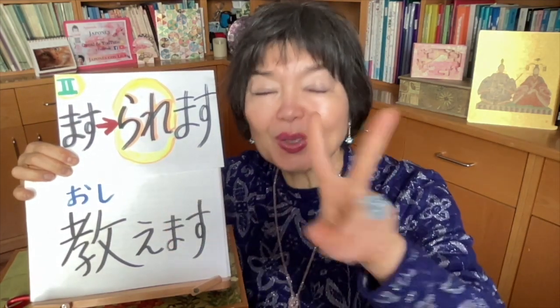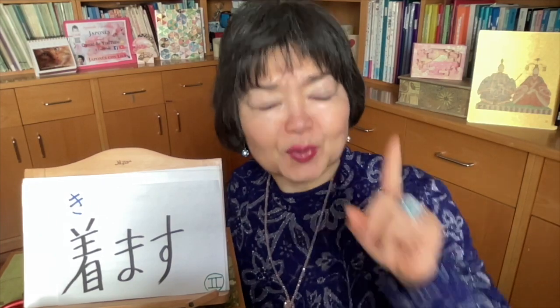So this is group 2, 教えます. And I can teach, 教えられます. Actually, it's very easy to distinguish which verb is the second group because without ます, the last sound of the vowel is e.